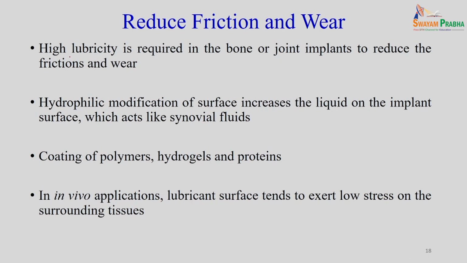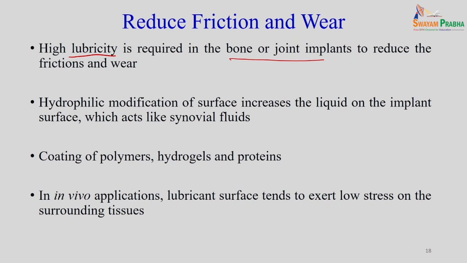So, we require high lubricity, particularly at the bone and joint implant, to reduce the friction and wear, because in presence of friction and wear, we see joint pain and joint replacement. So, these things take place.